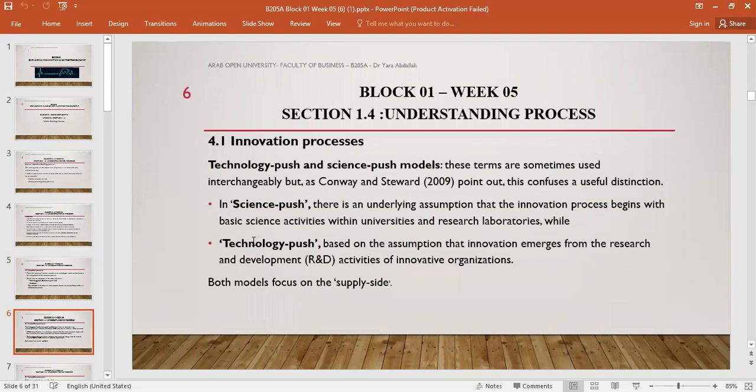In the technology push, the innovation emerged in R&D, research and development activities in organizations. And both of them focus on developing the technologies and selling them. So they focus on the supply side, not on the demand for this technology. They just supply the world with the new technology.